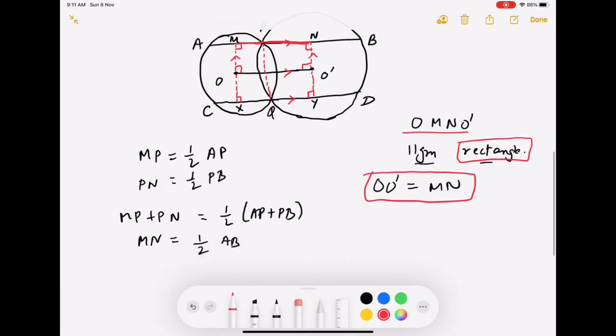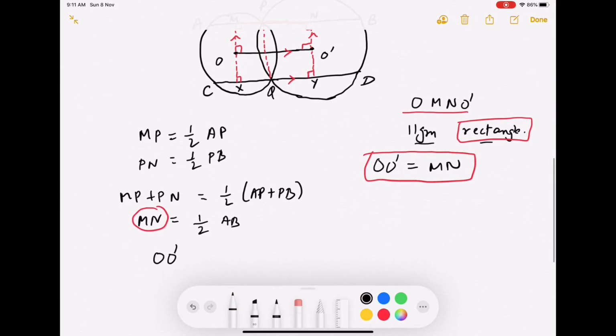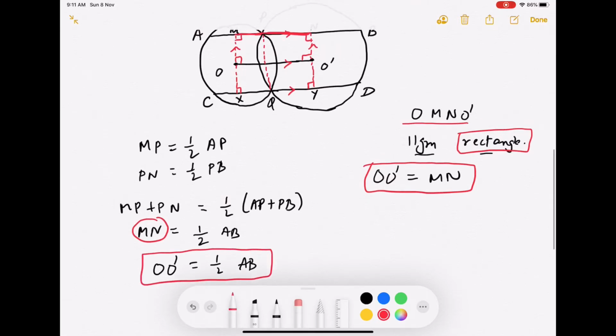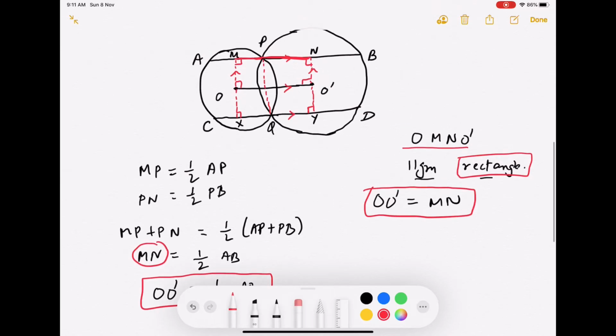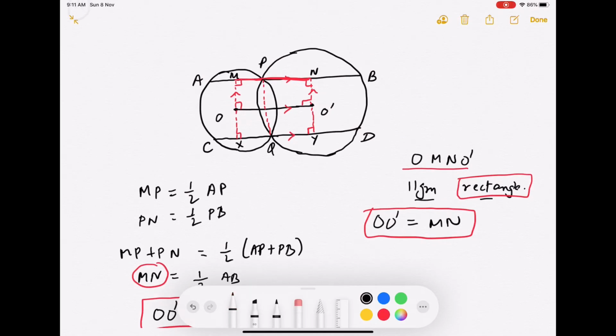Now if MN is half of AB, and I already know that OO dash is equal to MN, so I can substitute MN as OO dash. So OO dash is half of AB. This is the first part of my proof. Similarly, I can try to prove that OO dash should be half of CD.